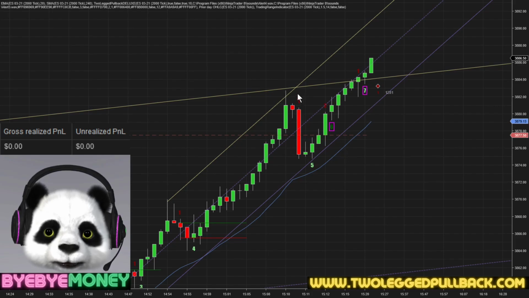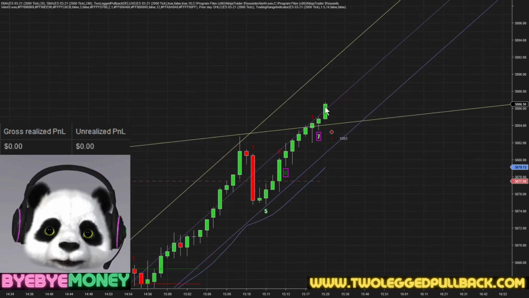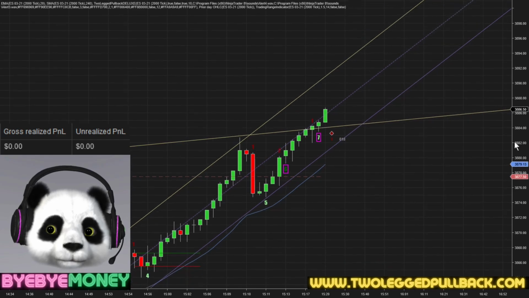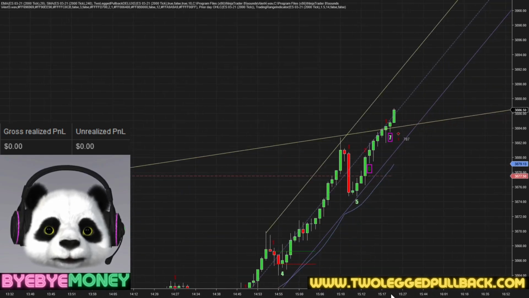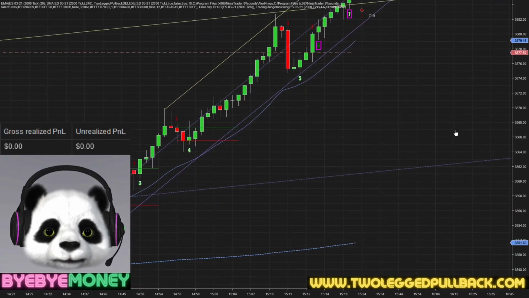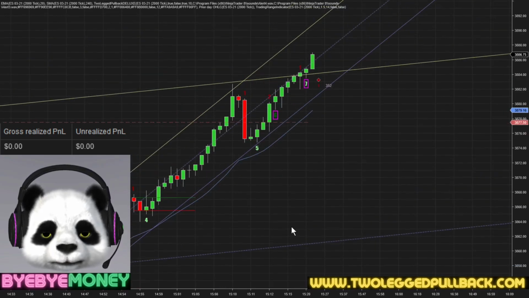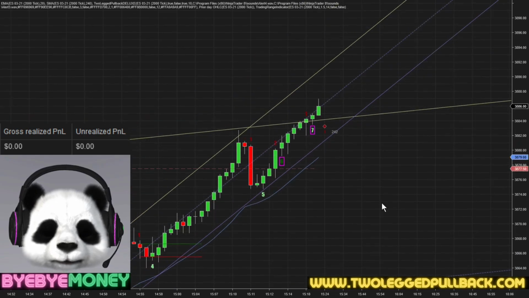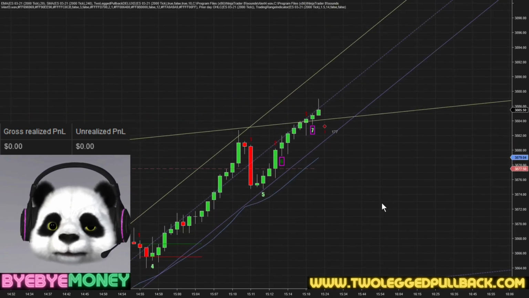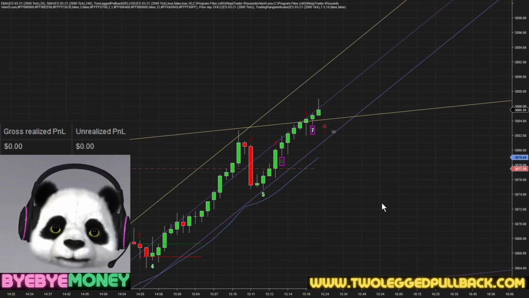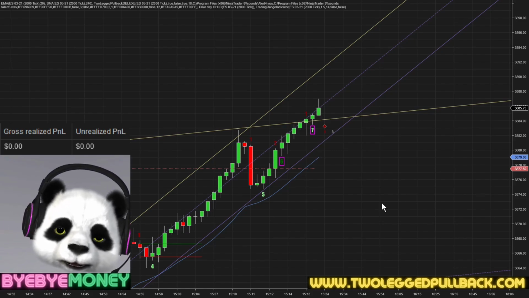We had a pretty strong pullback here with a lower high or higher low here. And yeah, we're just waiting. This is something you just don't short unless you have very clear evidence that this trend is reversing.